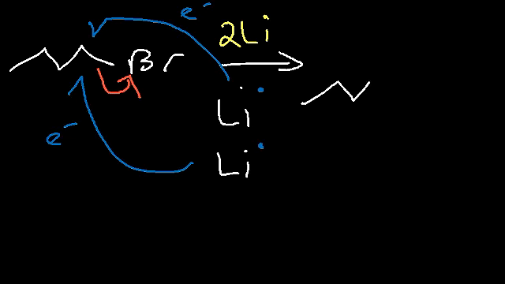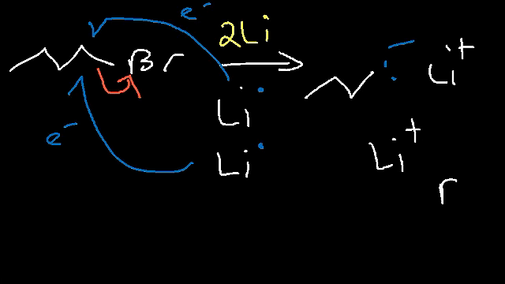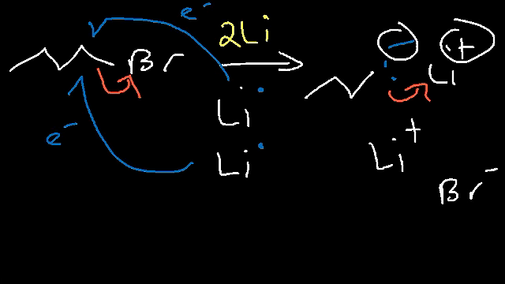And so now we have a carbon atom with a negative charge. We have 2 lithium ions, and we also have a bromide ion. So this carbon with a negative charge can pair up with the lithium. And so when you add a negative and a positive, the net charge is 0. So this is going to be the organolithium reagent.